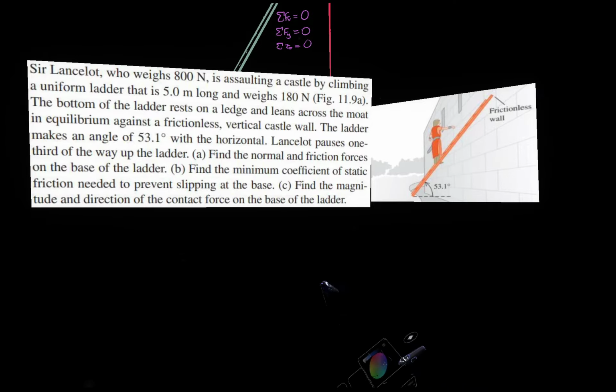Second, there are 2 bodies in this system, the ladder and Sir Lancelot, with 2 respective centers of gravity. Third, there are 2 normal forces acting on this system. Usually we just have one normal force. There's the normal force of the wall against the ladder and the normal force of the ground on the ladder.